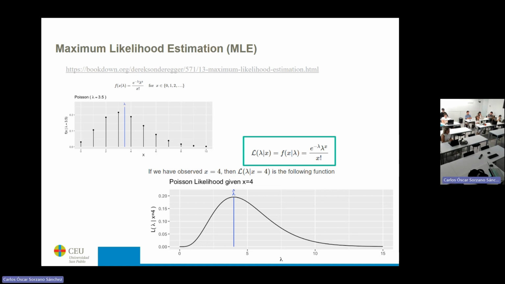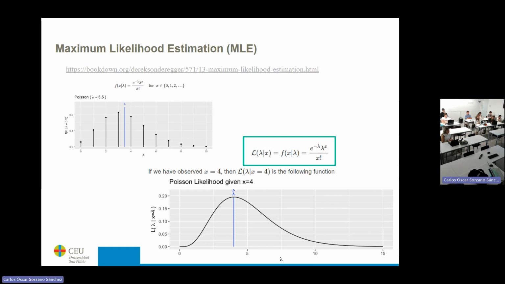And what is this? This is the probability density function of observing X cells of that kind if lambda is whatever. So what I have to do is, given the observations that I have, 2, 3, 5, look for the lambda such that the probability of observing 2, 3, and 5 is maximum.